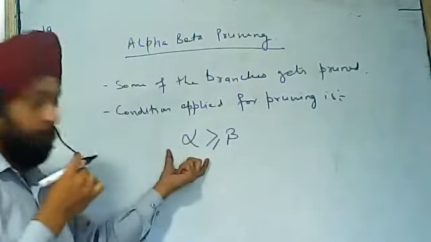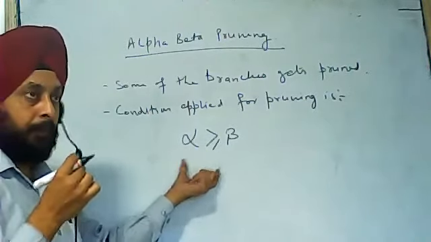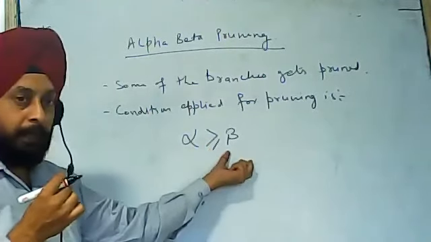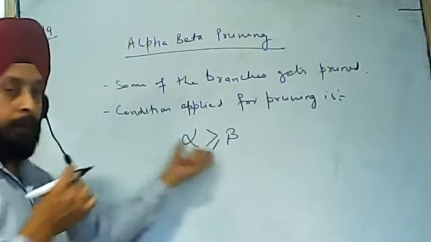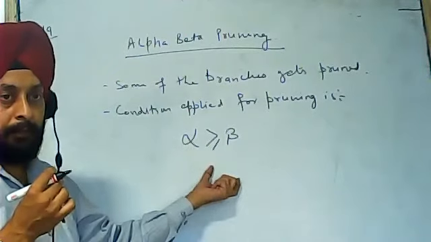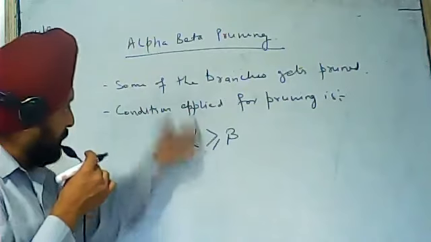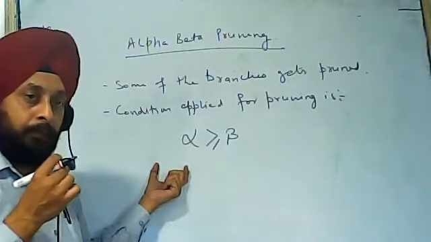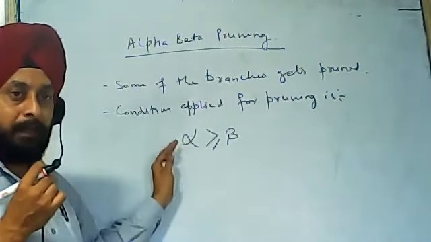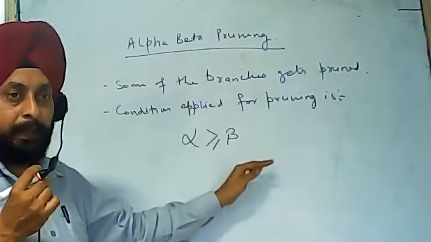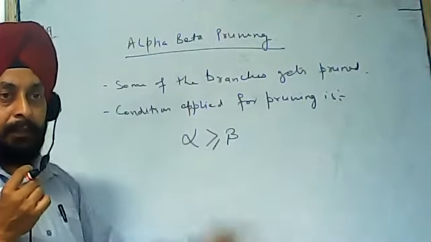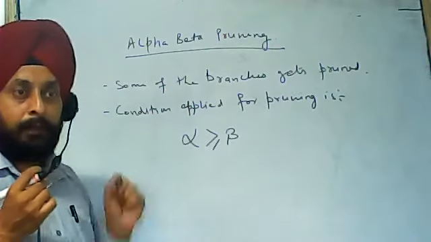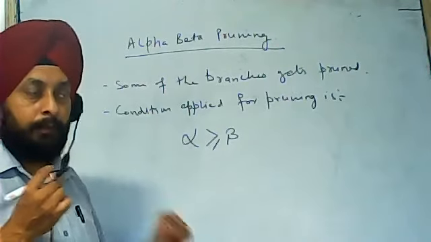When at any node alpha becomes greater than or equal to beta, we say the pruning is there. So this is the condition which is applied for pruning. Whenever alpha becomes greater than or equal to beta, the branch under that node gets pruned.